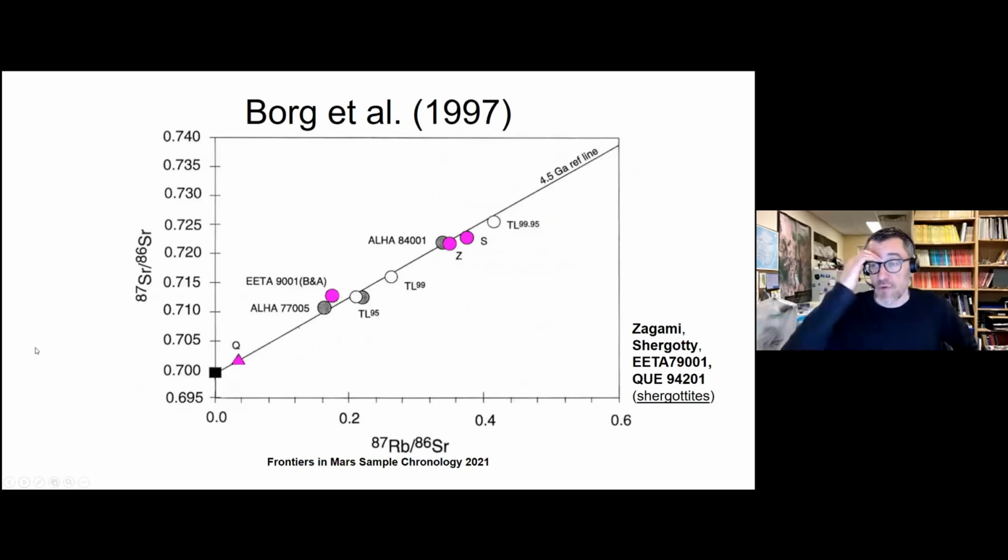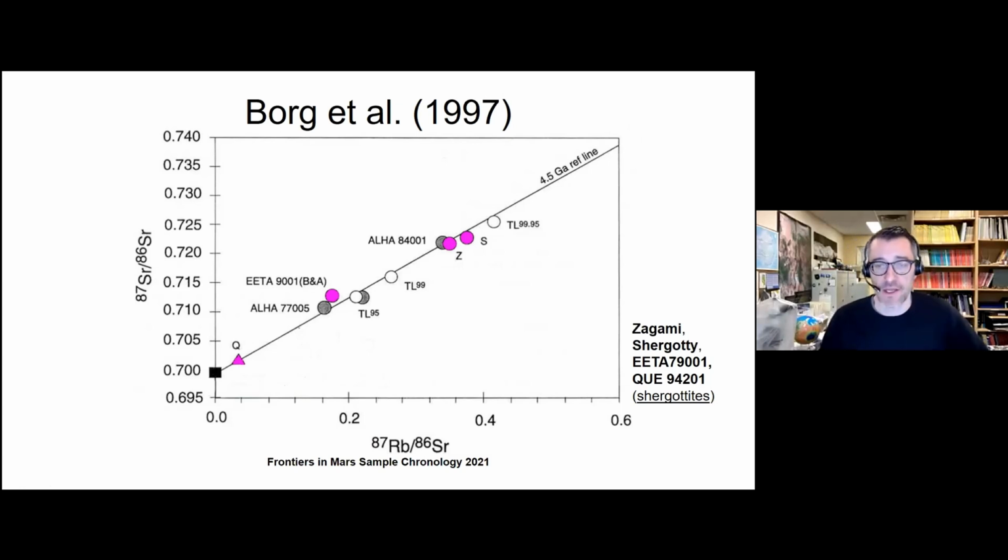In 1997, Borg and colleagues were working on QUE 94201. It was a relatively recently recovered Martian meteorite from Antarctica at the time, and they determined an age for that. They also noted, though, that when you plot up the whole rock rubidium strontium isotopic composition on a diagram like this, QUE and EETA and Zagami and Shergotty, in fact the majority of the Martian meteorites known at the time, fall on this 4.5 billion year reference line.